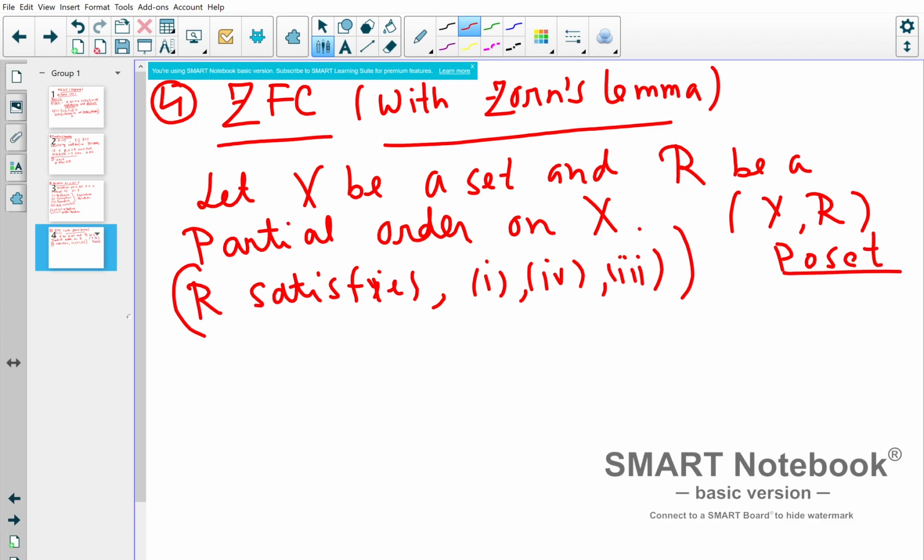Now if you have a poset, meaning a set and a partial order, then you can have something called a chain. Okay, so let me write down the statement first, then I will talk about that.